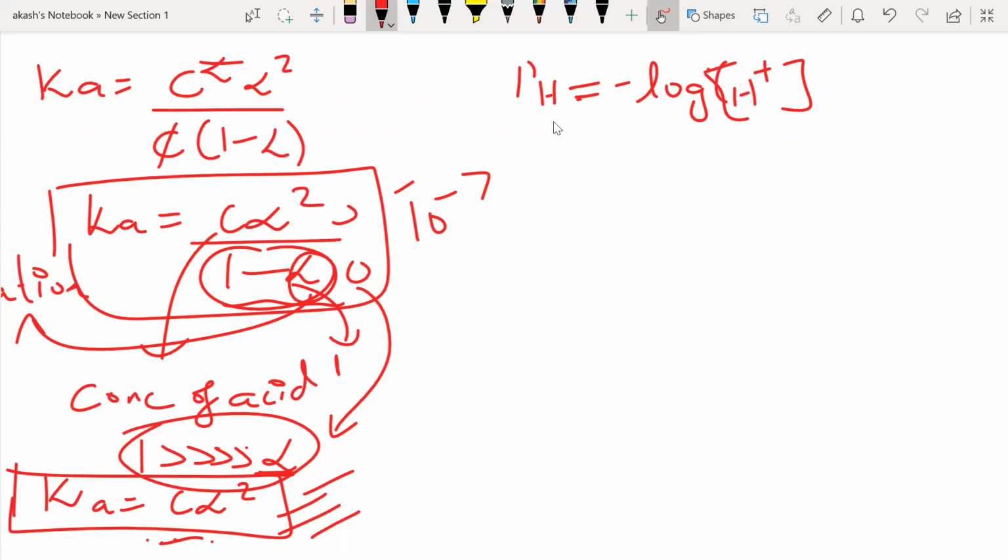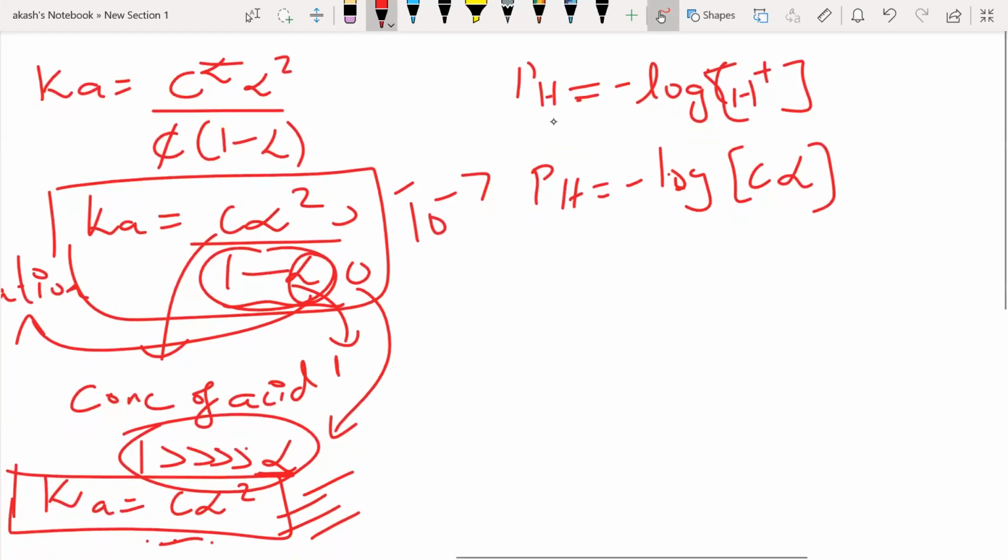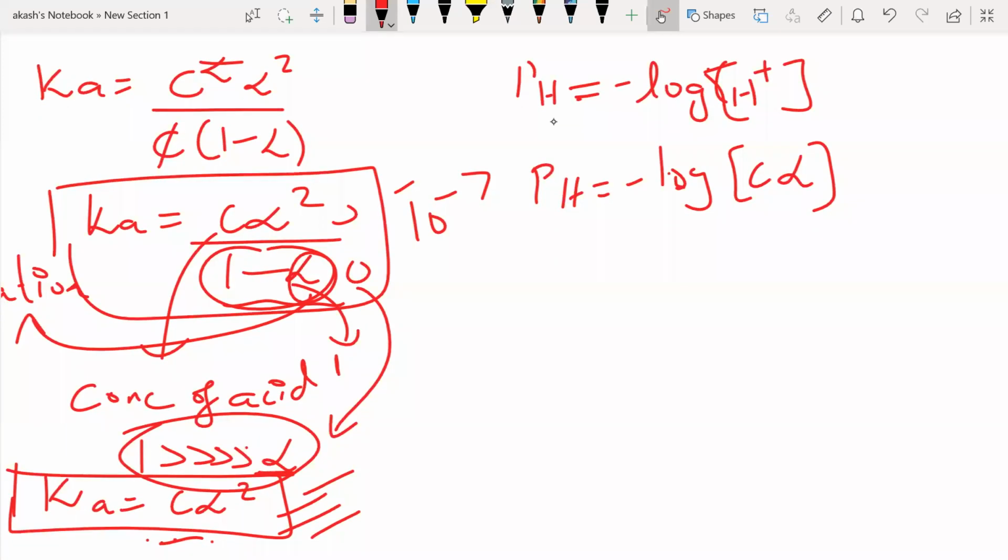So for an acid, I can even write pH as negative log of C into alpha. Simple, right? Now it's pretty easy, guys. Now I can even have another kind of formula. This formula you can remember. This is for an acid, in terms of concentration of the acid and the degree of dissociation, we can find the pH.